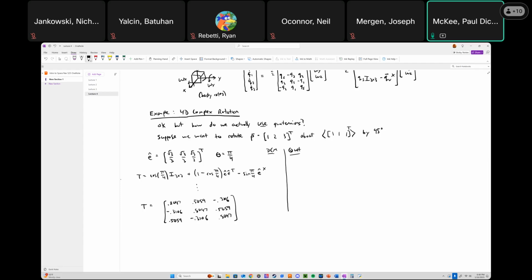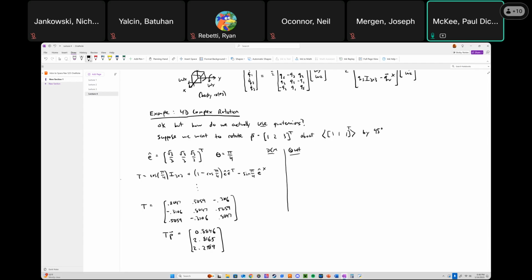And so if you actually take T and multiply it by P, well, there's our rotation. And we get 0.8846, we get 2.8165, and we get 2.2989. Okay, who cares? Well, because now we're going to do quaternion math and show we get the same answer. Right?